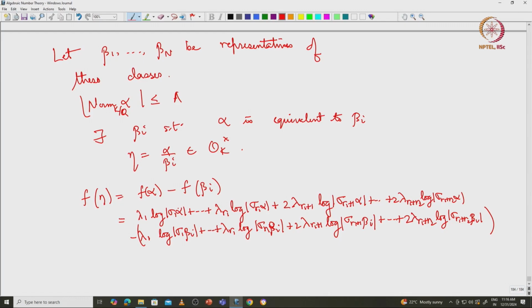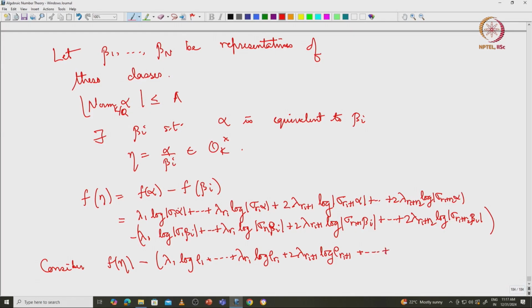Now, what I want to do is take the difference of this. So, I want to consider f of eta minus a quantity which is independent of any element, which is lambda 1 log of rho 1 and so on up to lambda r1 log of rho r1, plus 2 times lambda r1 plus 1 log of rho r1 plus 1, and so on, up to rho r1 plus r2.